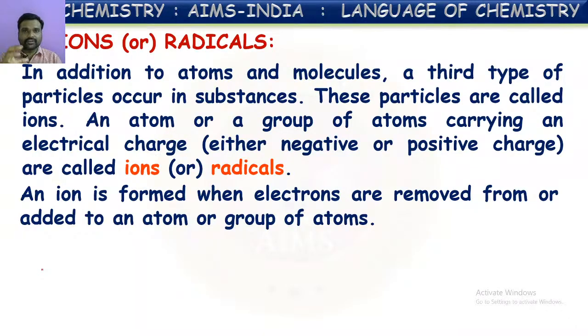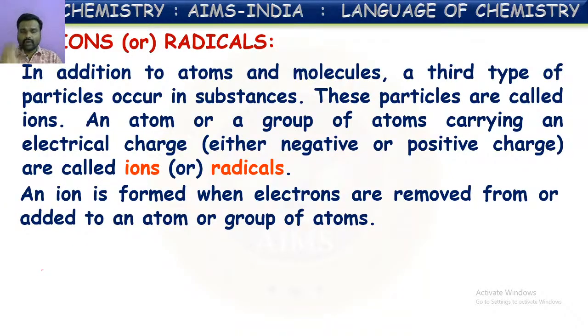To make it convenient, the ions formed by a group of atoms by the removal or gaining of electrons are commonly called radicals. That is the only simple difference between ions and radicals.